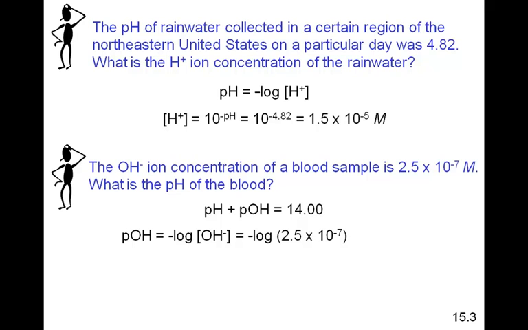We turn the crank, and we get the pOH as being equal to 6.60. And then all we have to do, of course, is knowing that the pH plus the pOH is equal to 14, the pH is equal to 14 minus the pOH. We subtract 6.60 from 14, and we get the pH.